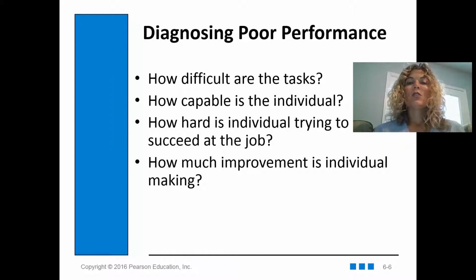Some questions that you see up on the screen are questions to help hone in on one of the reasons, right? How difficult are the tasks? How capable is the individual? How hard is the individual even trying to succeed? How much improvement is the individual making, right? Depending on how I answer these questions on this particular individual, it could help us identify if it's more of an ability problem or a motivation problem.